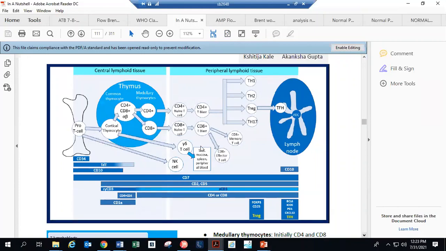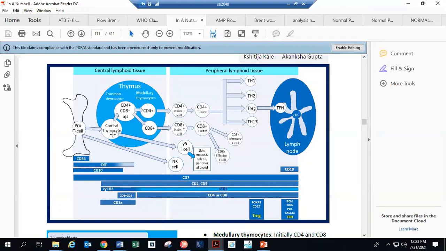So basically, the central lymphoid tissue consists of thymus and the peripheral lymphoid tissue consists of lymph node. Central lymphoid tissue will have pro-T cell, cortical thymocyte, the common thymocyte, and then medullary thymocytes. So again, CD34 will be present in the bone marrow when it is in the stage of pro-T cell.